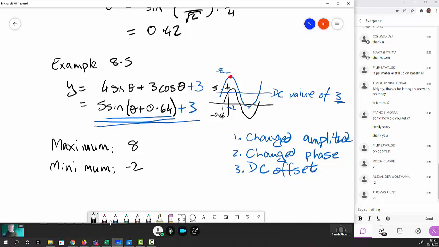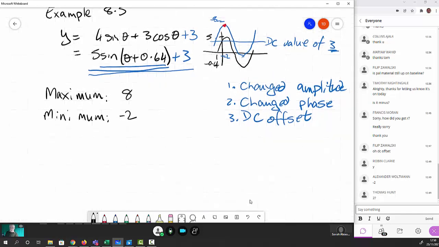So, the maximum value, let me just move my screen up a bit. The maximum value is at, where do you find the maximum value of a sine wave?